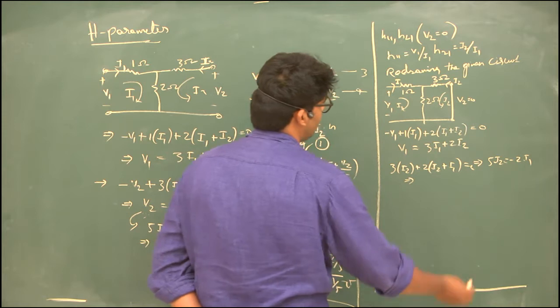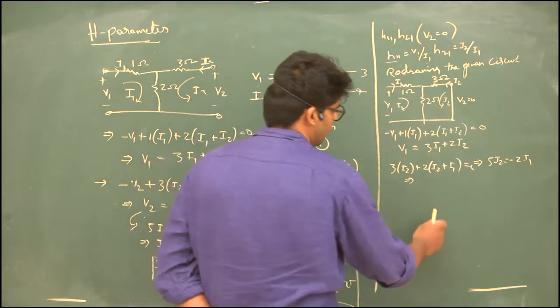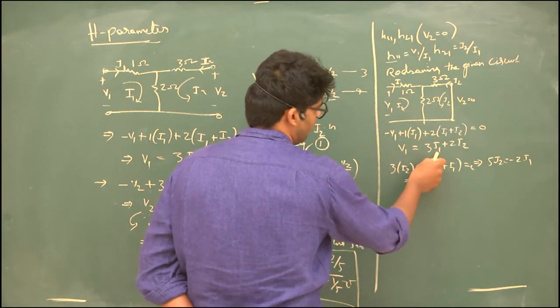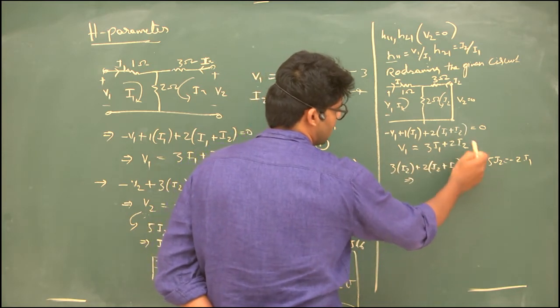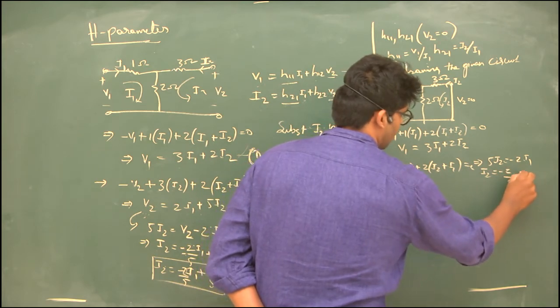Therefore what we get is H11, which is V1 by I1. In place of I2 we replace this, therefore I2 equal to minus 2 by 5 I1.